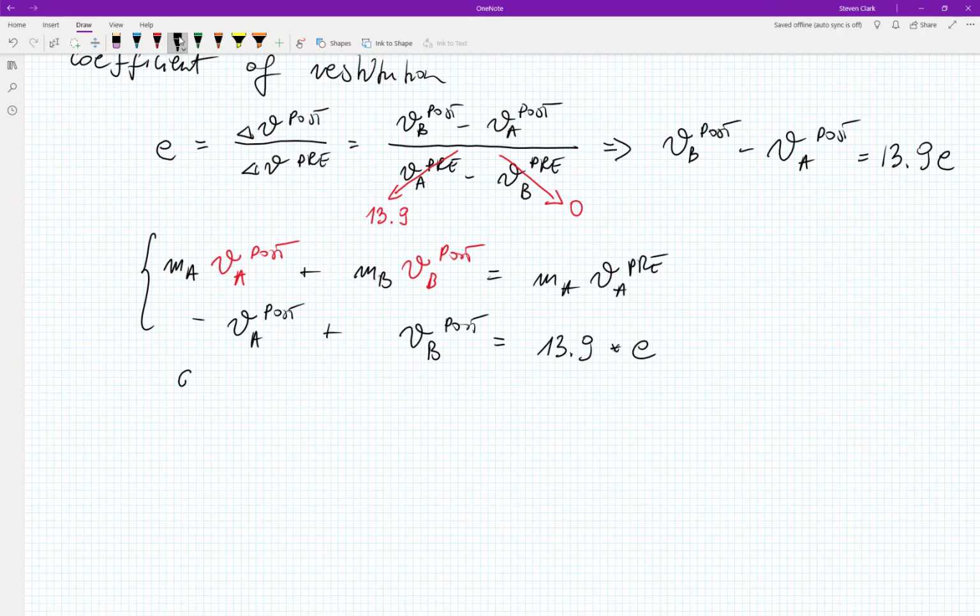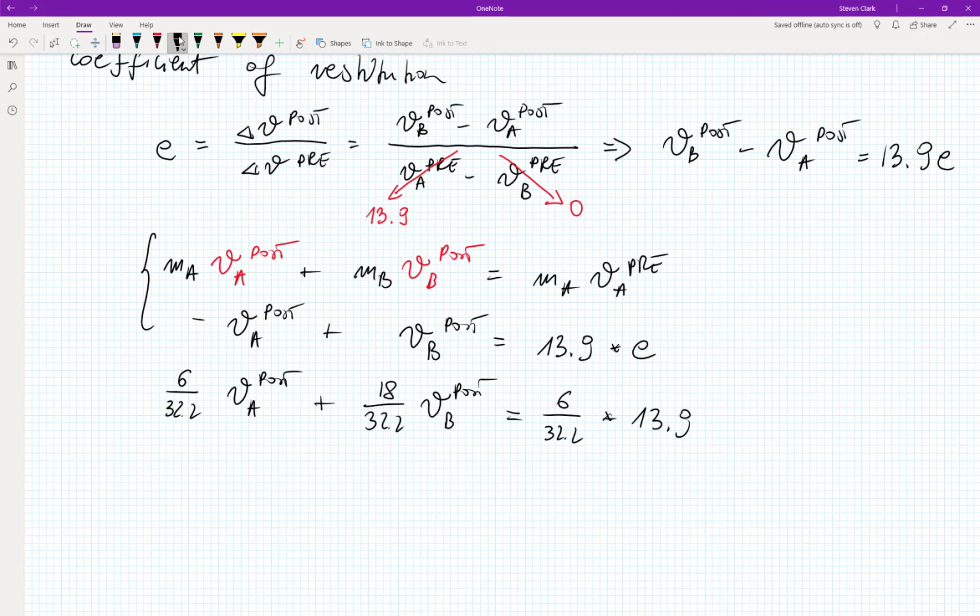So in here we will have 6 divided by 32.2 VA post plus 18 divided by 32.2 VB post. The VA pre was 13.9. And in the second equation, we have the following situation, and this is equal to 13.9.